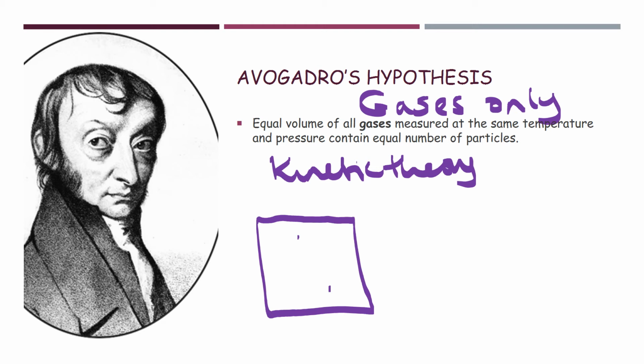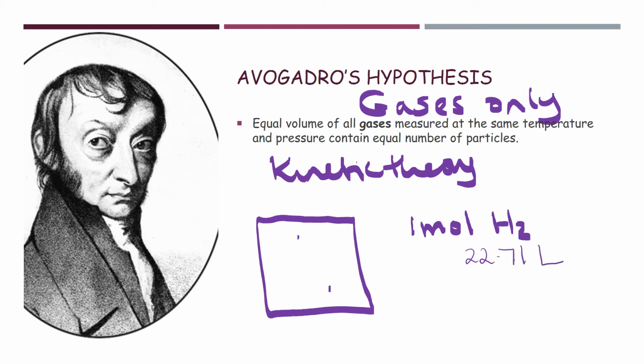So if we had 1 mole of hydrogen gas at 0 degrees Celsius and 100 kilopascals, it would occupy 22.71 litres.